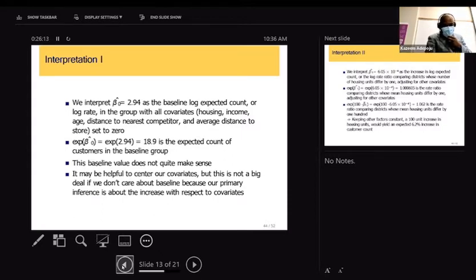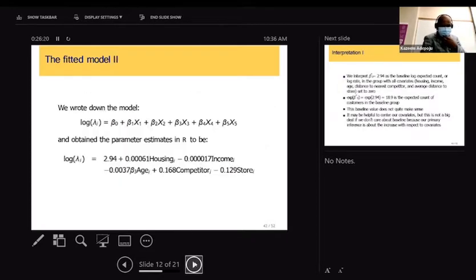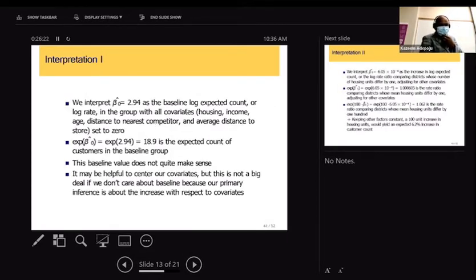Now, for instance, I want to interpret my beta naught. How do I interpret beta naught here? I'm basically going to say that it is a baseline log expected count. We also call it a log rate. We don't call it log odds. We call it a log rate or log expected count.